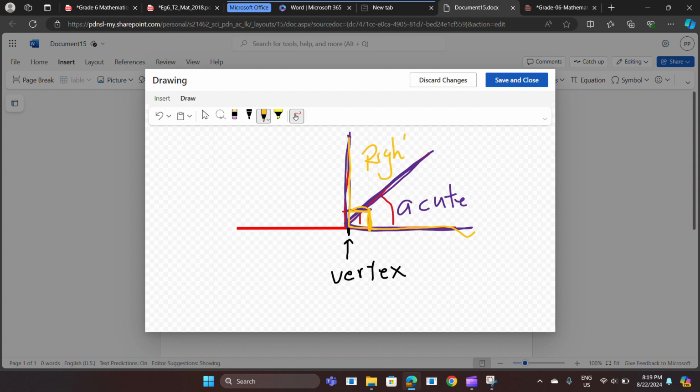This yellow colored one is the right angle. And this whole angle is called a straight angle.